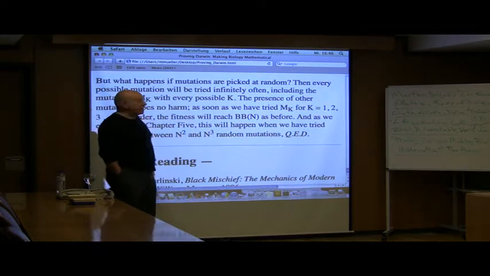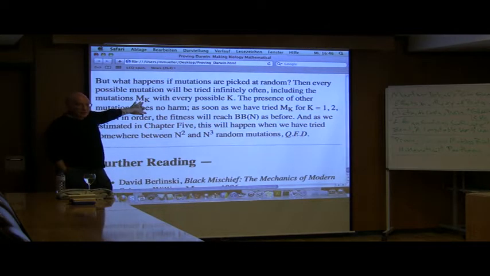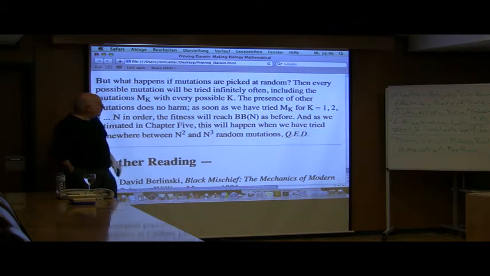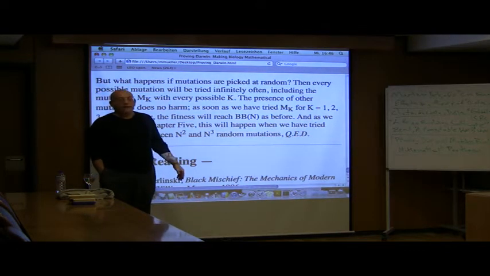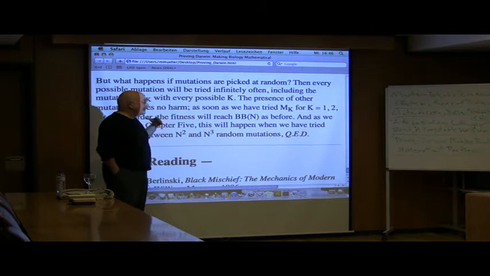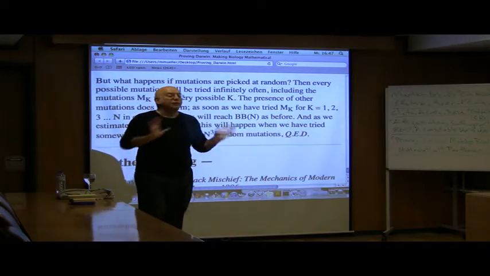Okay, so every mutation will be tried infinitely often, and that includes all of the mutations I like that make this proof work so far. Now, what you do is you basically forget about all the other mutations. It turns out, if you think about it, they can't make anything go bad because all they can do is increase the fitness. The only memory of this system is in the fitness, which always increases.